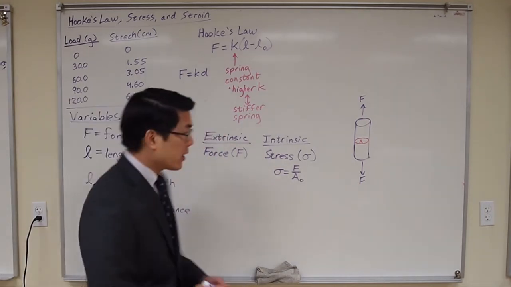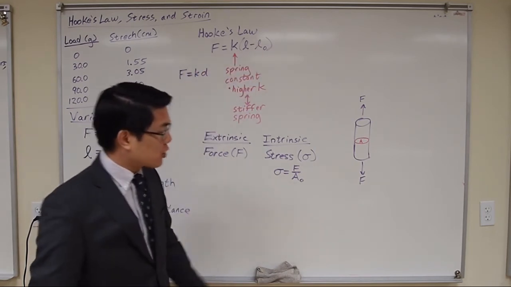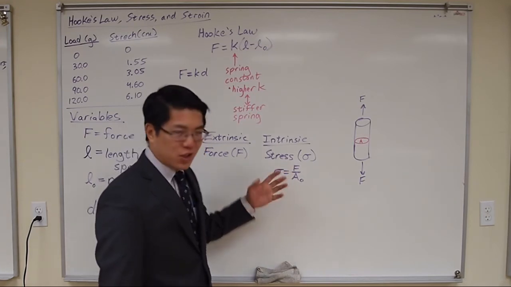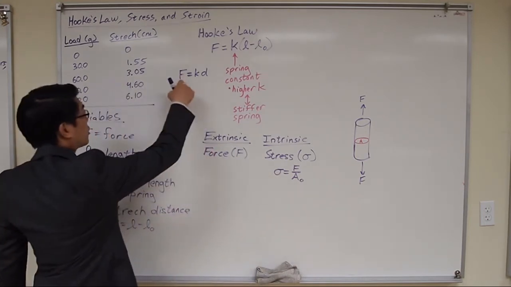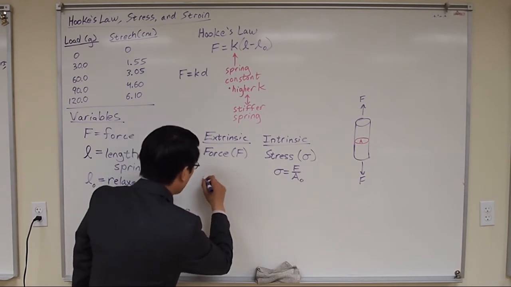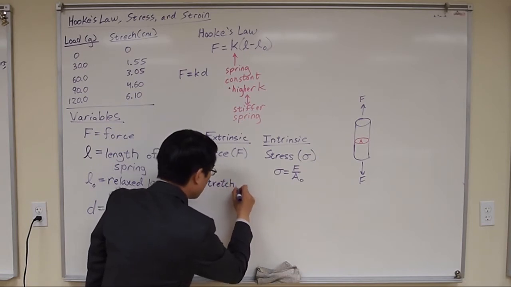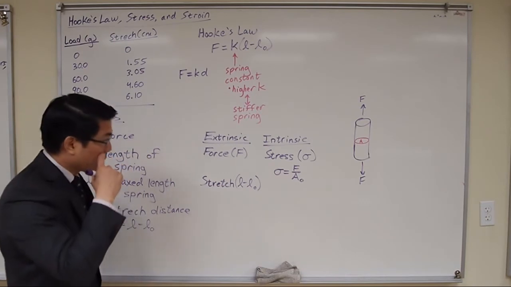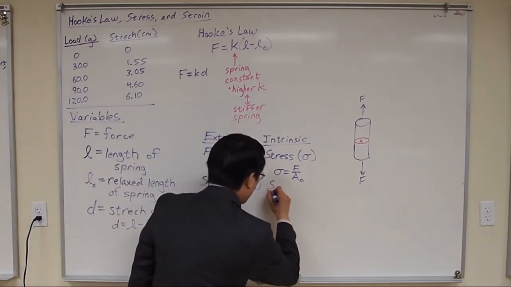Okay, let's look at an intrinsic version of the distance stretched. As you can probably tell, these intrinsic quantities tend to be two extrinsic quantities divided by each other. So in the extrinsic version of Hooke's law, we had the stretch distance, which was L minus L0. The intrinsic version of that is called strain.